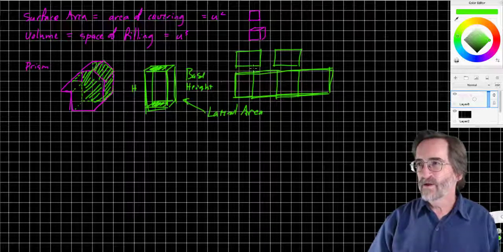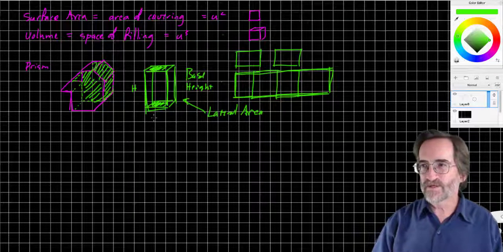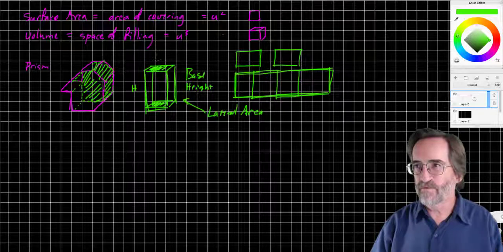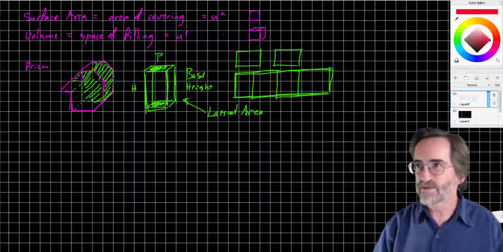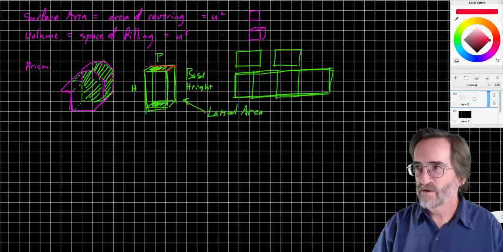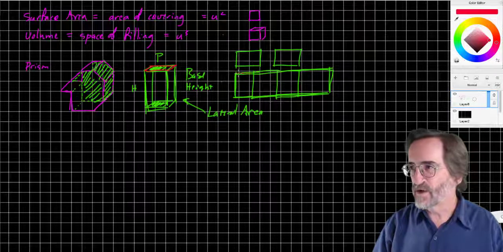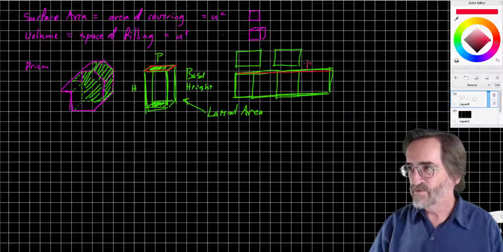And if we think of the perimeter of the base as being the distance around the base, then that perimeter becomes the length of our rectangle, and the height of our rectangle is here.